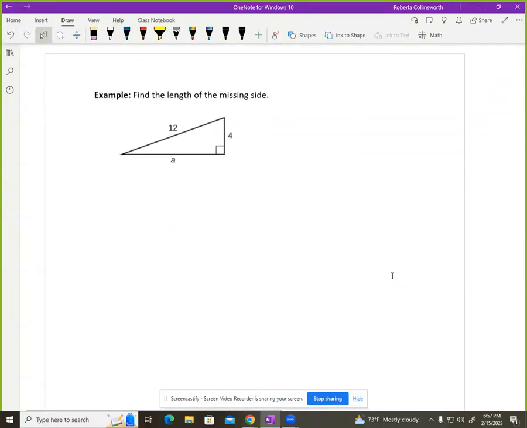Okay, so let's look at finding the length of a missing side of a right triangle. So this is geometry, but it's applicable because we just did squaring sides and taking the square root of both sides, and we're going to have to do that here. So in geometry, if there's one thing that you learned, it should have been the Pythagorean theorem.